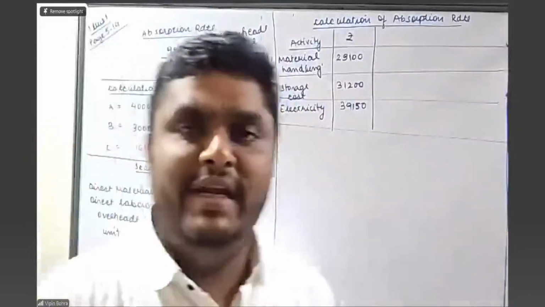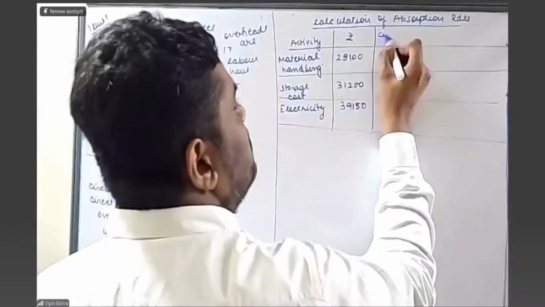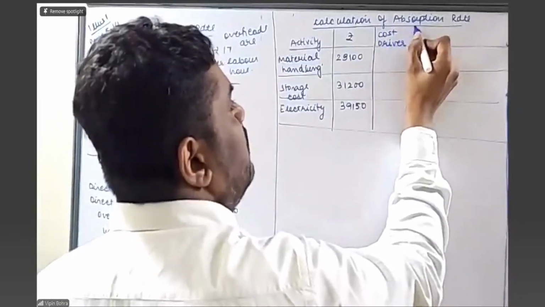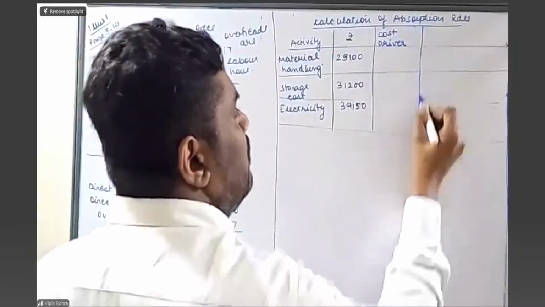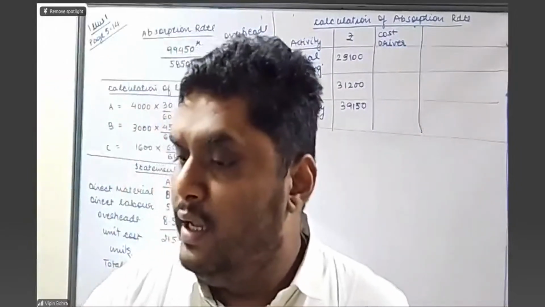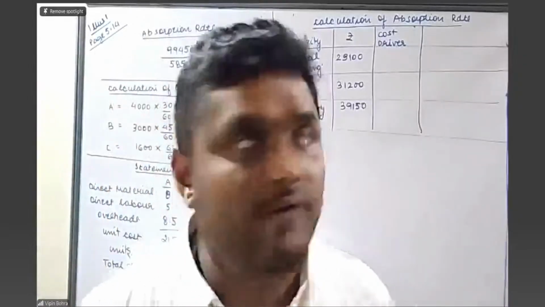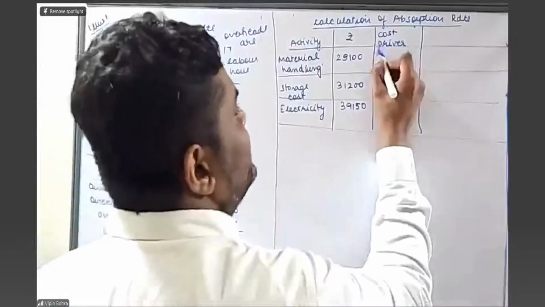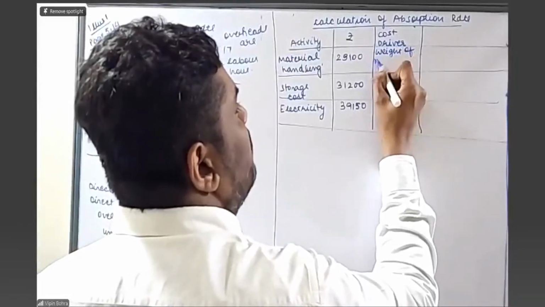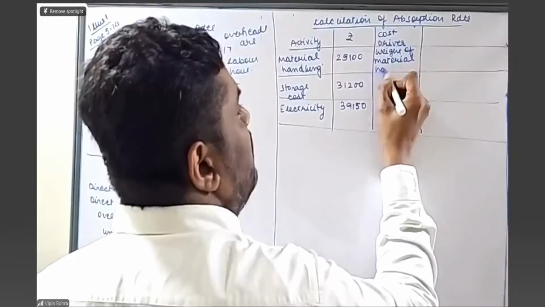For every activity, there will be a separate basis of absorption. We call it the cost driver. Now for material handling, what is the cost driver? It is given straight away in the question, that it is to be absorbed on the basis of weight of material handled.